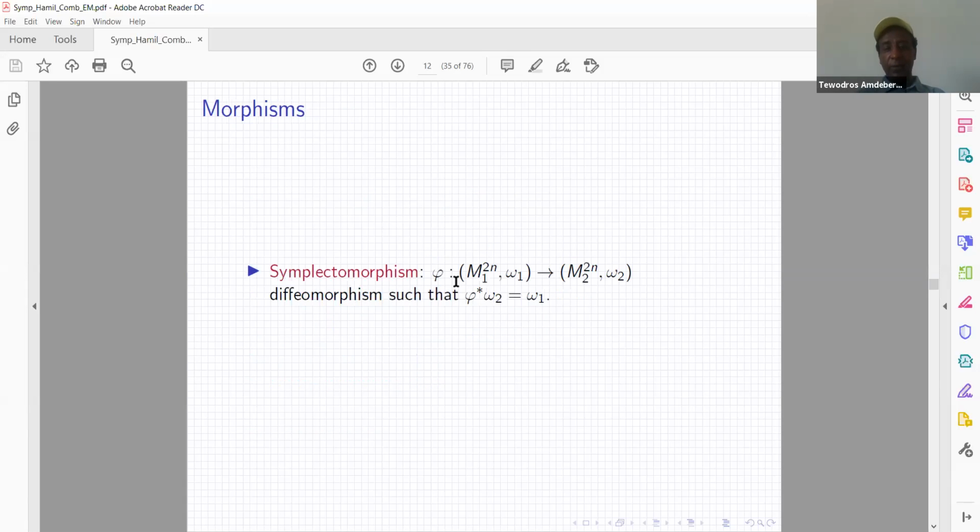And then we need transformations between manifolds. These are called symplectomorphisms between the first manifold and the second manifold with their respective structures, omega 1, omega 2. And the condition is the manifolds are diffeomorphic to each other, and the pullback of the second form is the same as the first form.